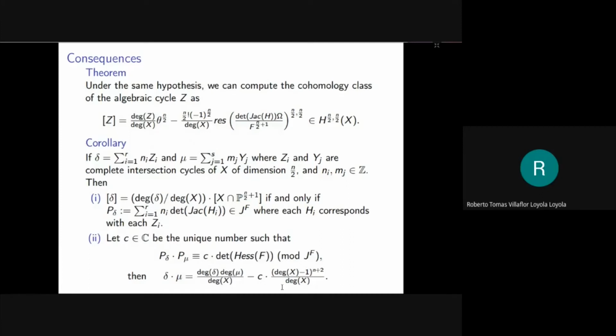For instance, we know that this number, which a priori is just a complex number, is in fact a rational number. It always has to be a rational number. And so these are two consequences of this theorem, and there are more consequences that you can see in the textbook.